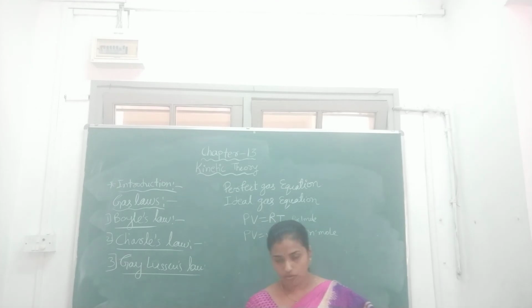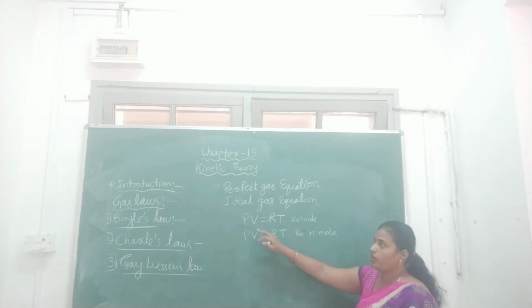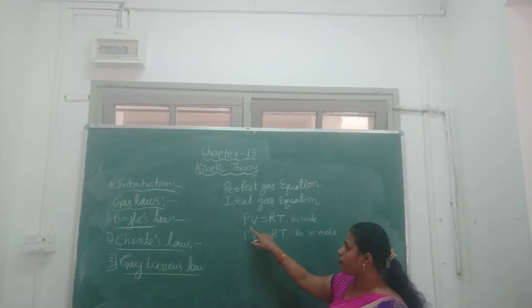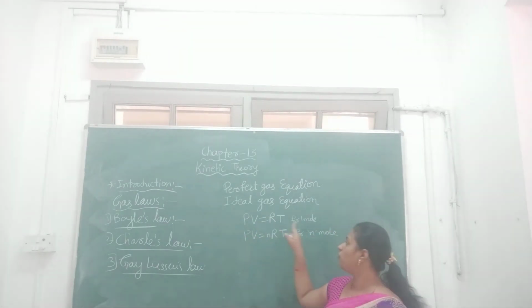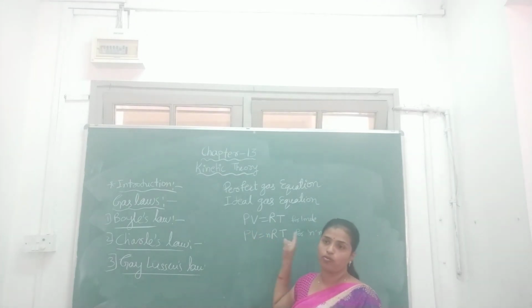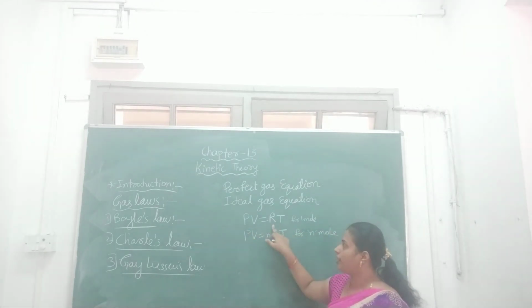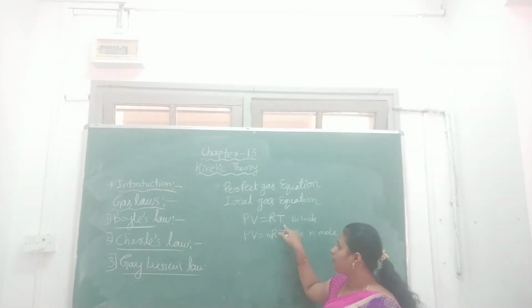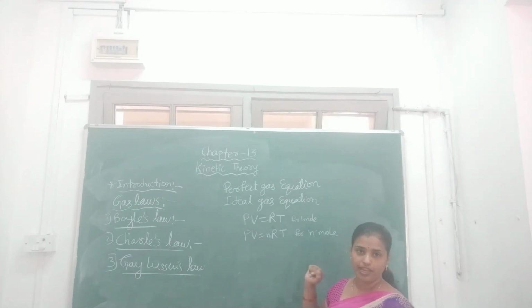Then what is P here? P is the pressure. In this equation, P is the pressure of 1 mole of gas. What is V? V is the volume of 1 mole of gas. R is the universal gas constant and T is the temperature of 1 mole of gas.